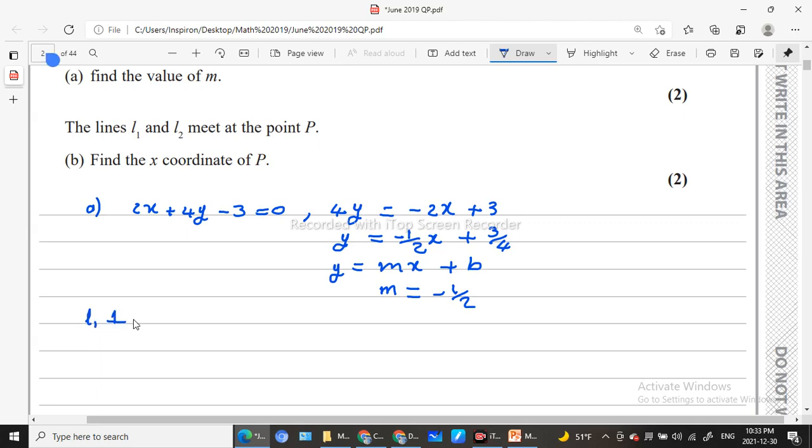Now since L1 is perpendicular to L2, this means that m1 times m2 equals minus 1.